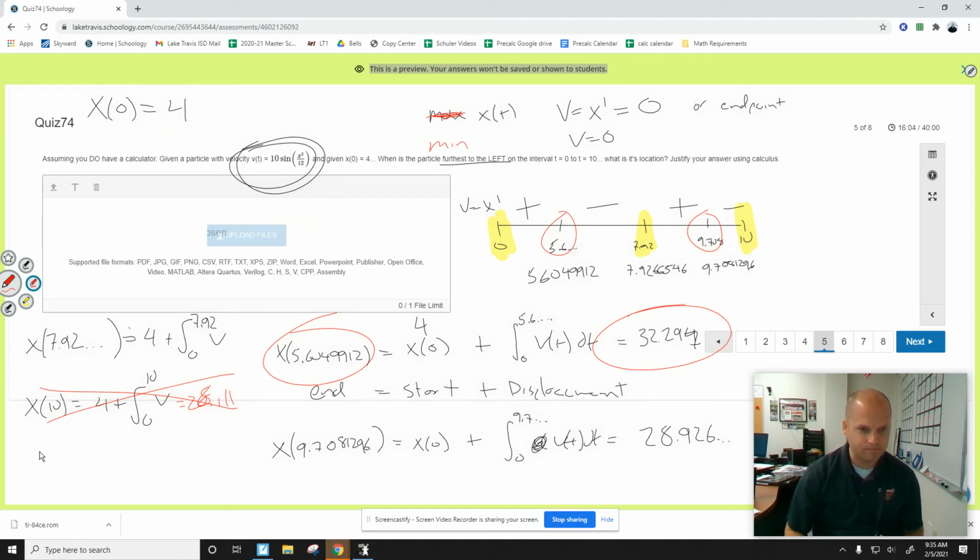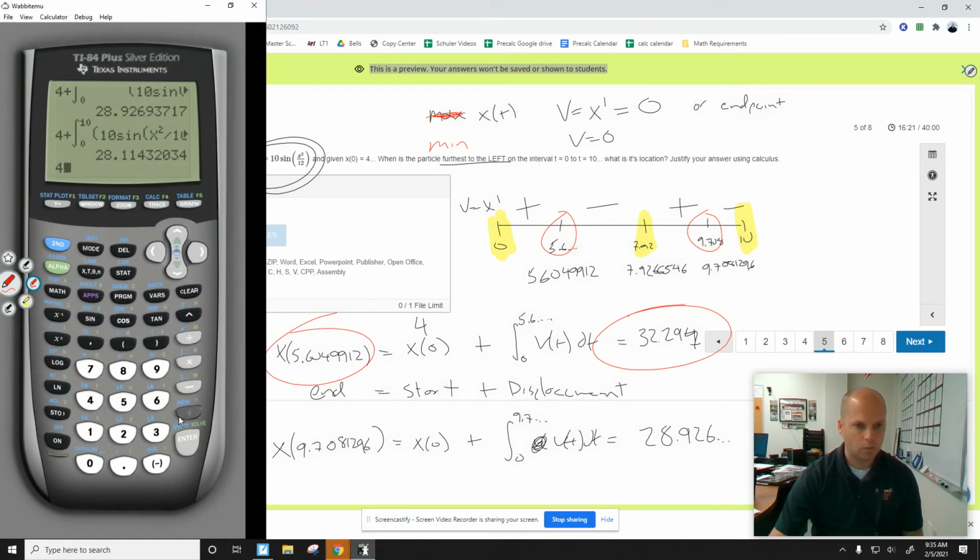I have the number 7.9266546. Since I wrote it down, I might as well just use it again. Start plus displacement from 0 to that of v. 4 plus, oh, I have it up here, 7.9266546.